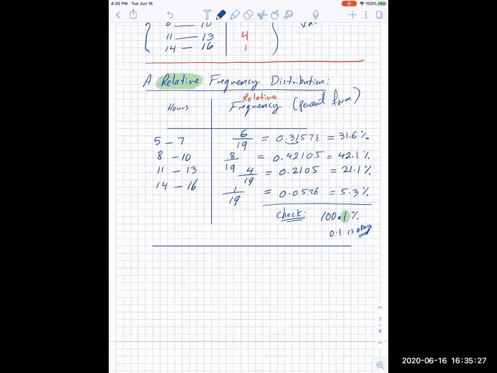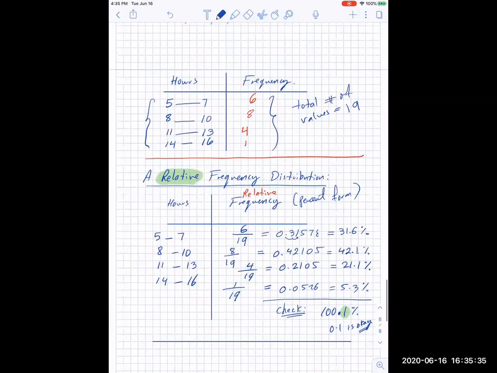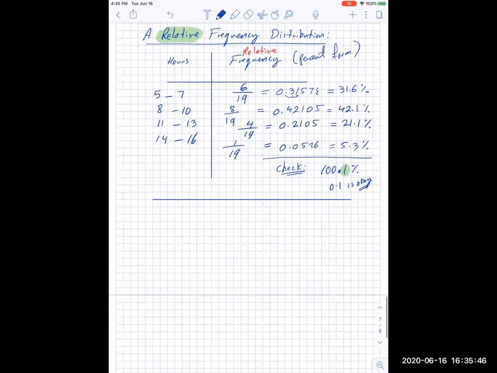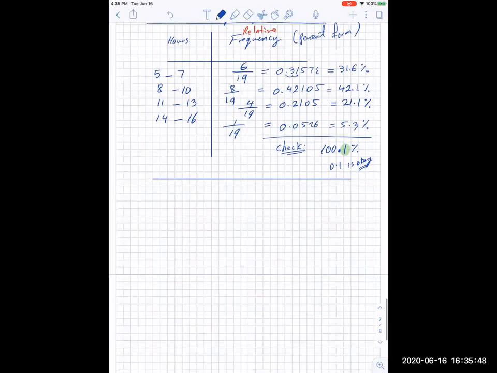After constructing a relative frequency distribution, there is another table that you also need to know about, which is called the cumulative frequency distribution. And this is the last thing we're going to discuss today.